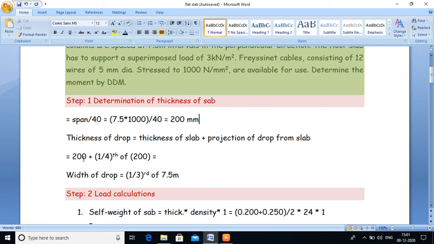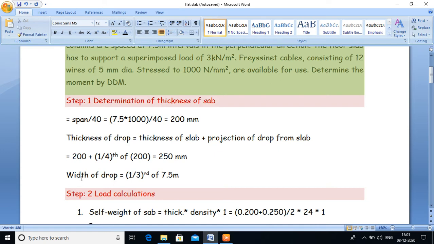So 200 is the thickness of slab plus one-fourth of 200, and when we do this calculation we get the answer as 250 mm. So now we have the thickness of slab as well as the thickness of drop.